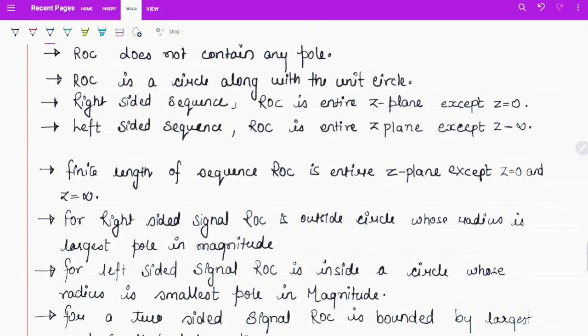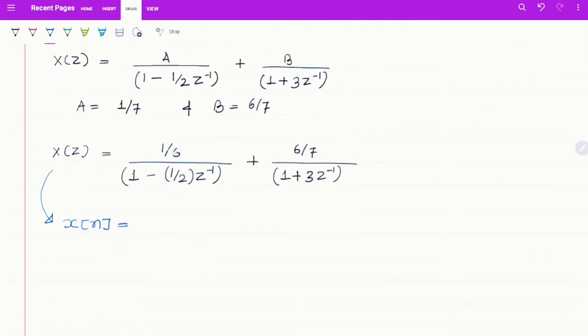So the inverse z transformation of this one should be a to the power n u of n, right?